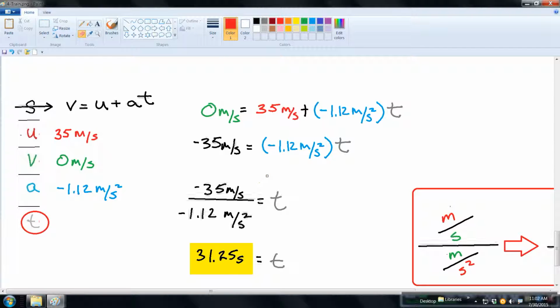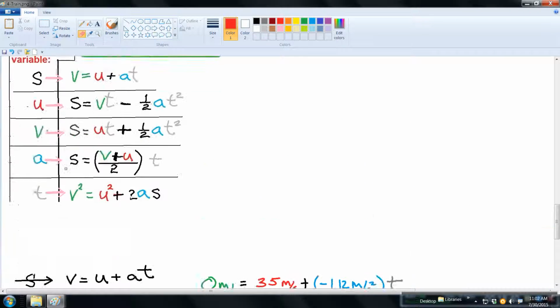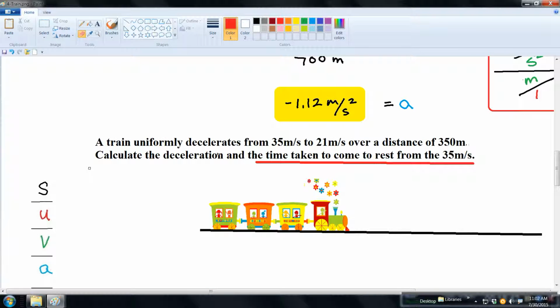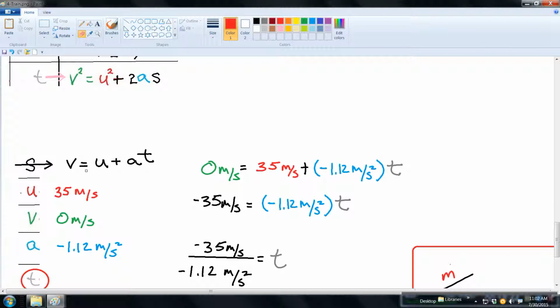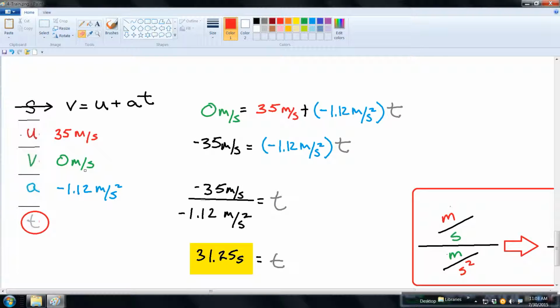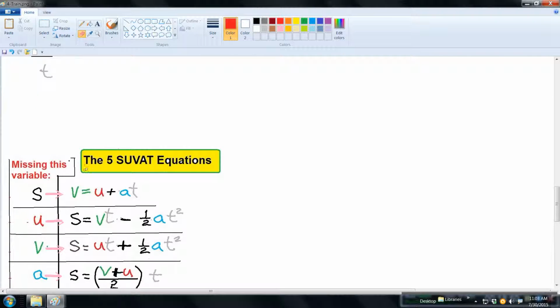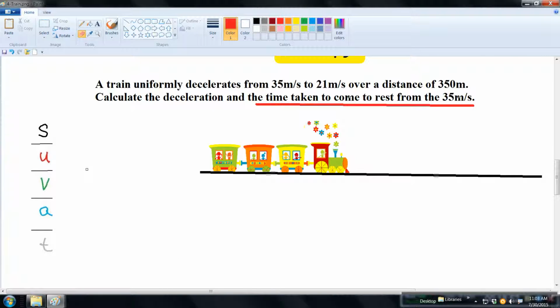Oh, let's see what I did here. Oh, you know what I did? My apologies. I didn't use the displacement.